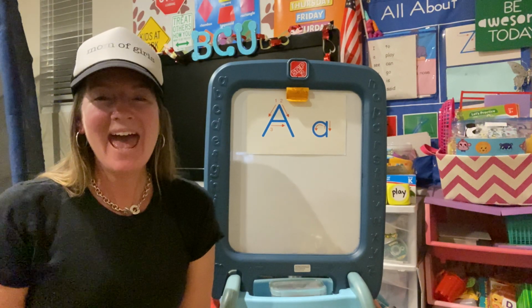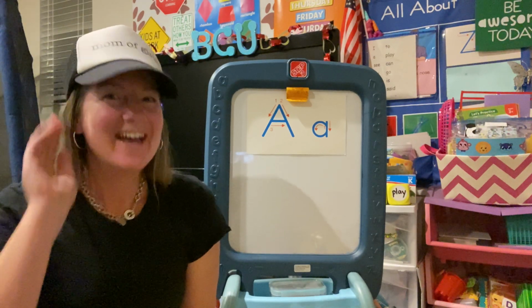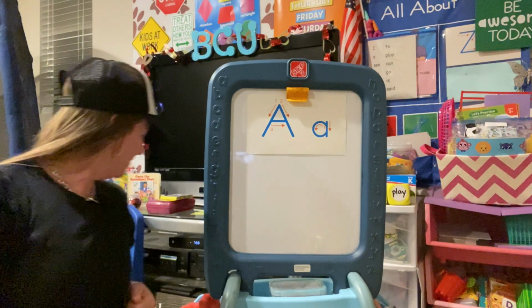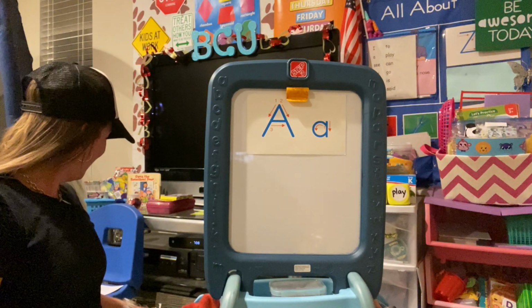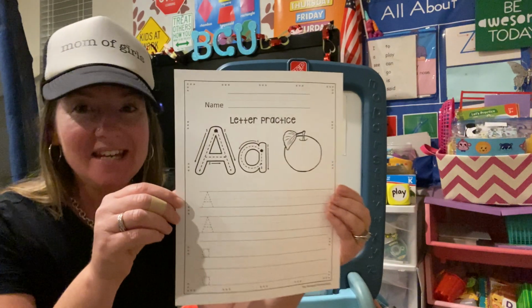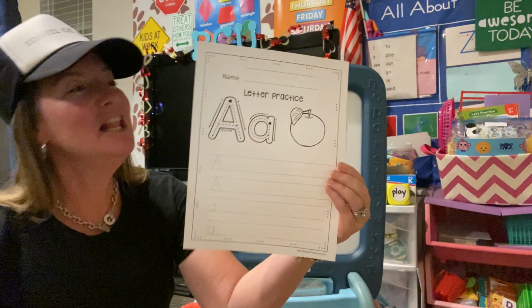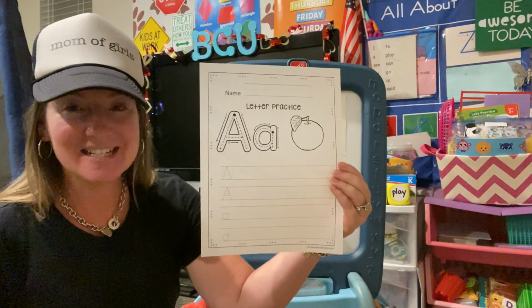Ah, ah, ah. Fantastic, pandas. Okay, just to let you know, for this mini lesson, you will need to make sure that you have your capital A and lowercase a letter practice worksheet.